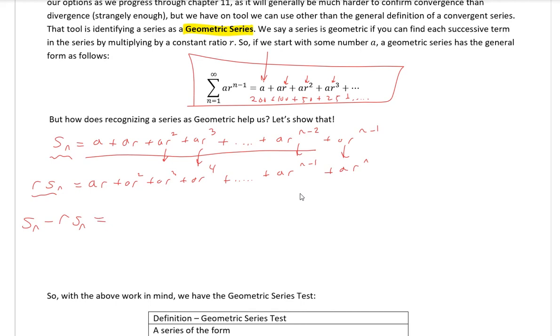If I take S_n and I subtract away r times S_n, I'll have ar canceling out that one, ar squared canceling out that, ar cubed canceling out that, ar to the 4th canceling out that, etc. All these will cancel up until ar to the n minus 1 cancels out with ar to the n minus 1, which means the only two things remaining are a minus ar to the n power.